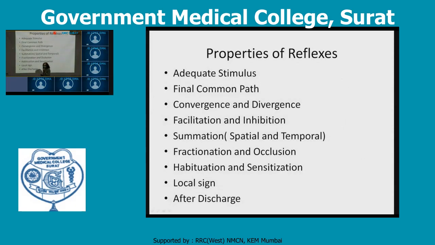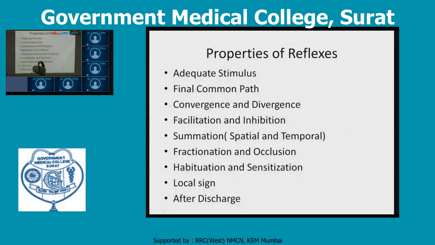Then second is the final common path. That is, the alpha motor neuron forms the final common path, and it receives multiple inputs: excitatory input and inhibitory input in the form of EPSP and IPSP. Then it also receives input from the descending tracts.